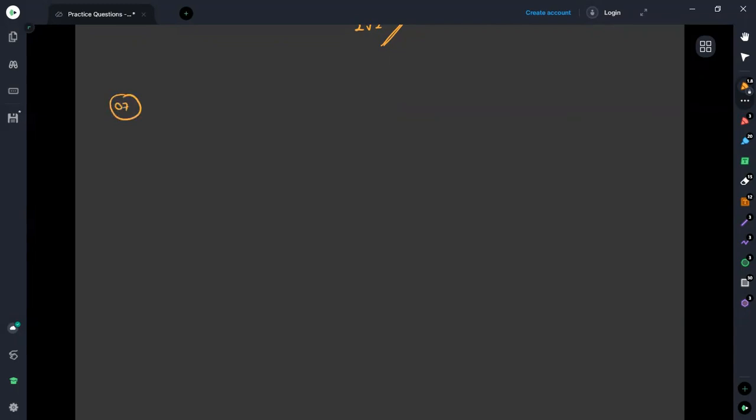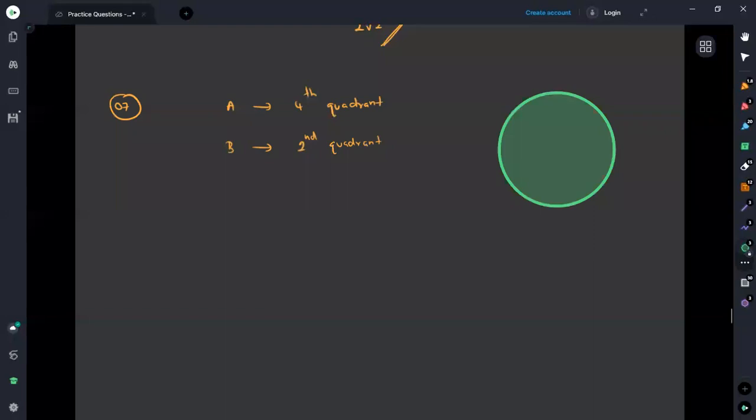Here, angle A is located in the fourth quadrant and angle B is located in the second quadrant. It's better to show this in the quadrant rule pictorially.